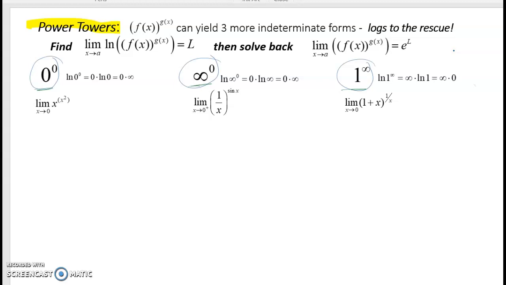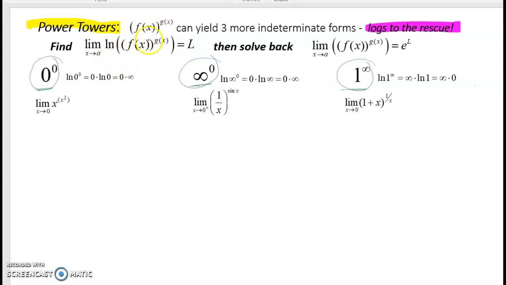These 3 forms, we're all going to use the same trick. And our trick every single time is, instead of looking at the limit of the power tower function, we're going to say, you know what, I'm going to change the function and solve an easier problem and then go back to the original situation.